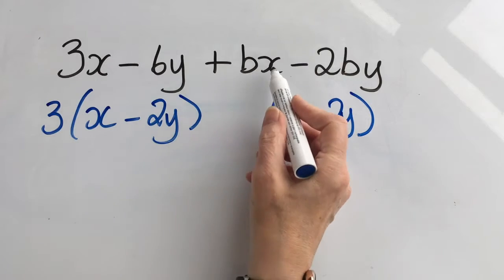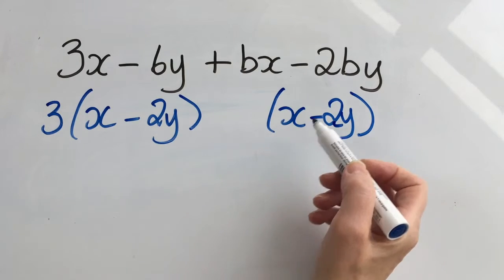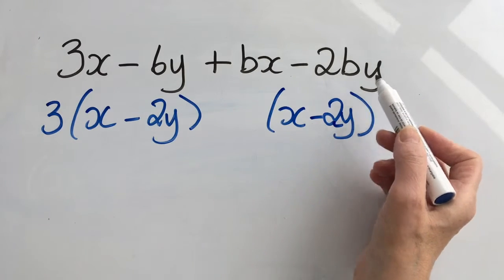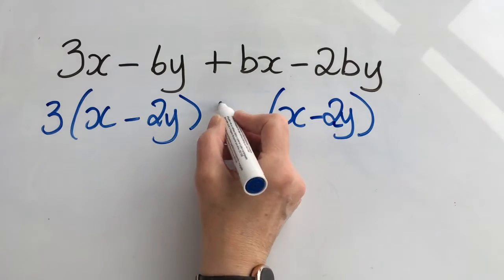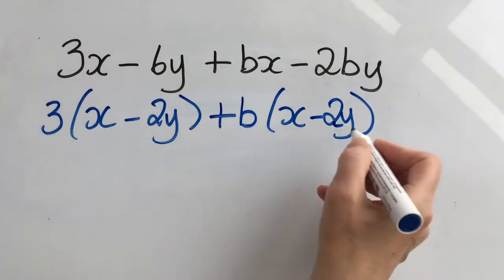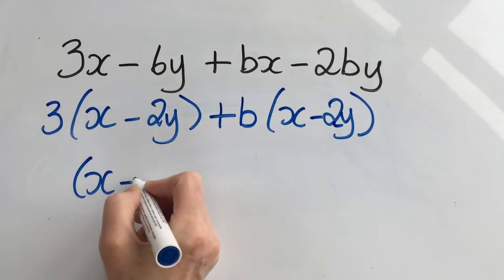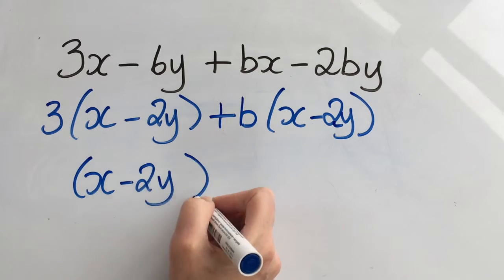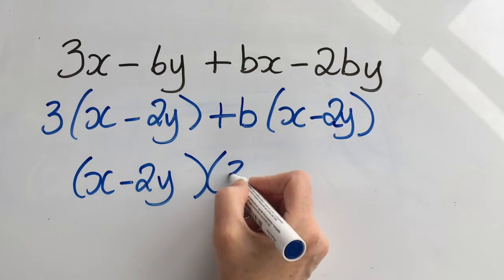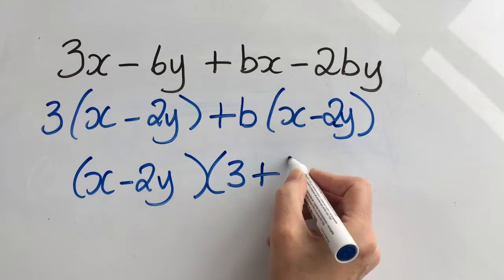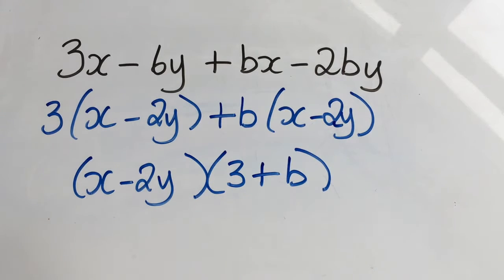And x into bx goes b times, and b goes into minus 2by minus y times. Common factor, x plus 2y. Into this, 3 times, into this, plus b times.